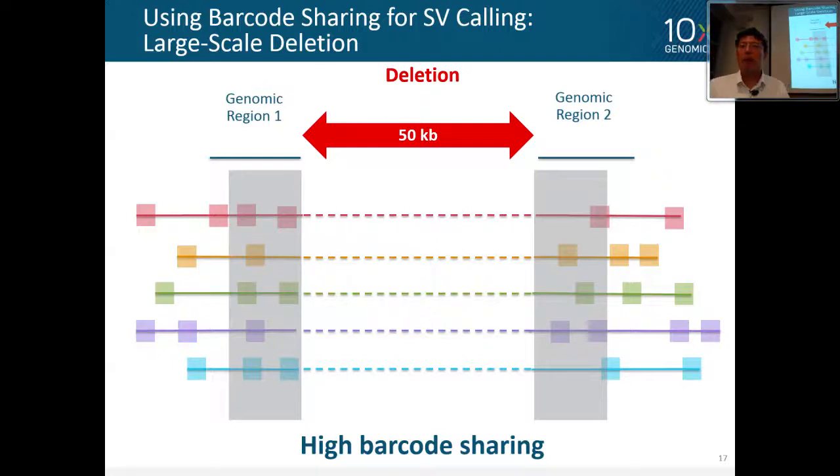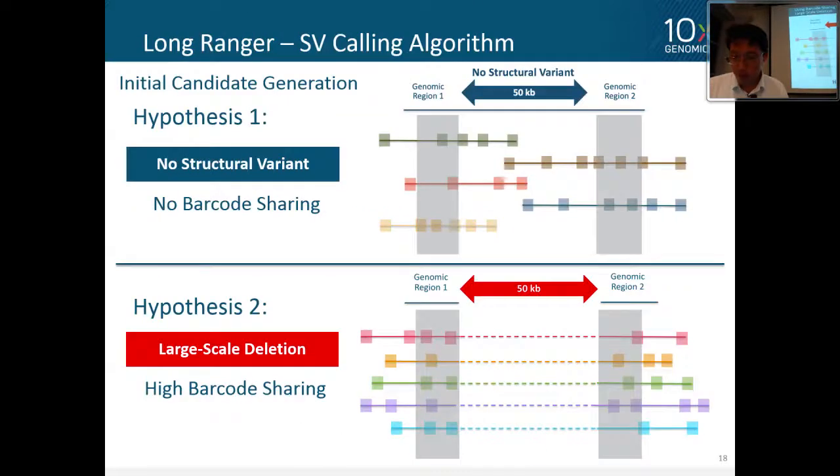Okay, keep in mind, what I'm showing you here is only one allele. When we do the sequencing, we actually sequence both alleles.